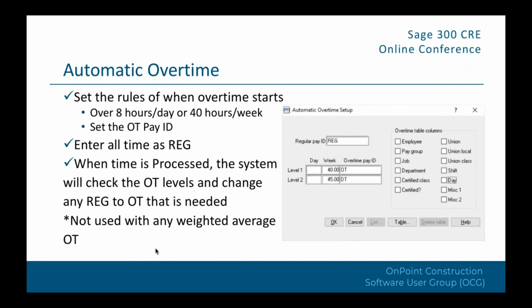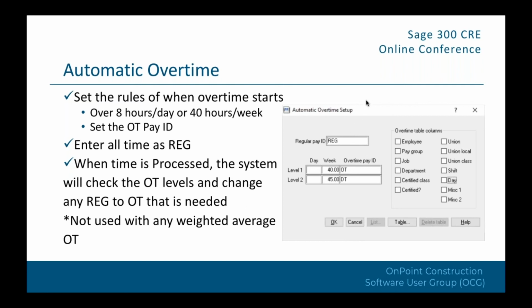So automatic overtime, to use it or not to use it. So in setting up automatic overtime, this is the setup screen. It can only do one regular pay ID.